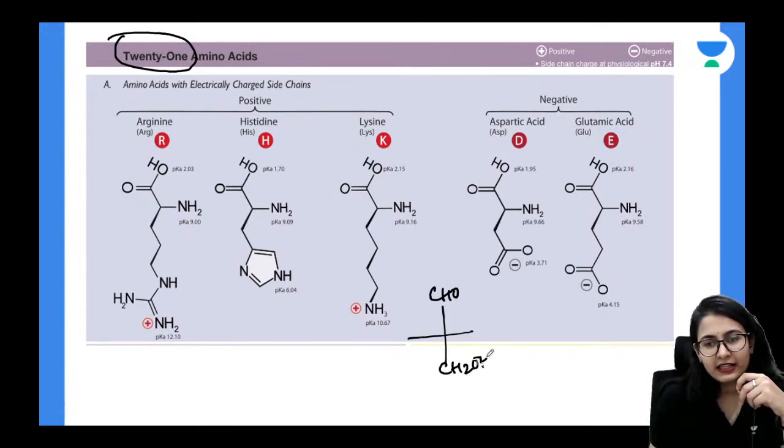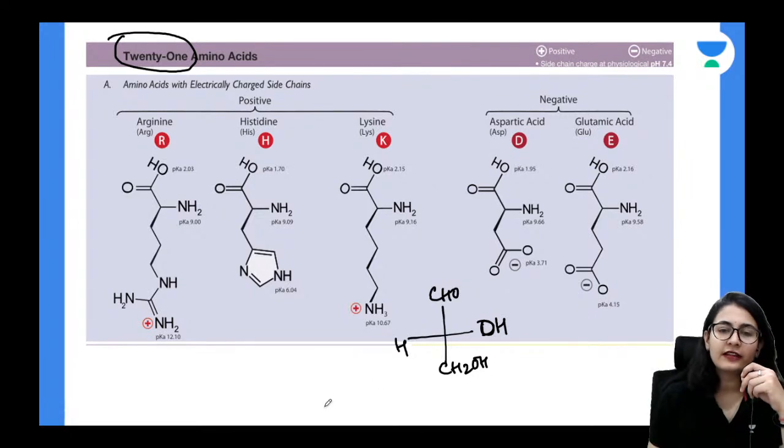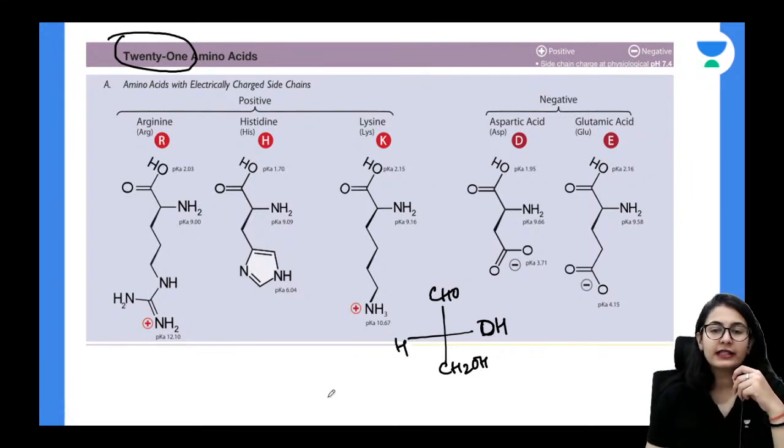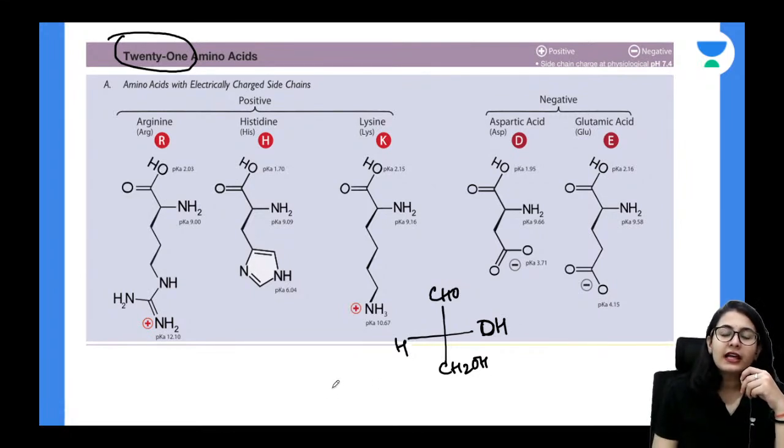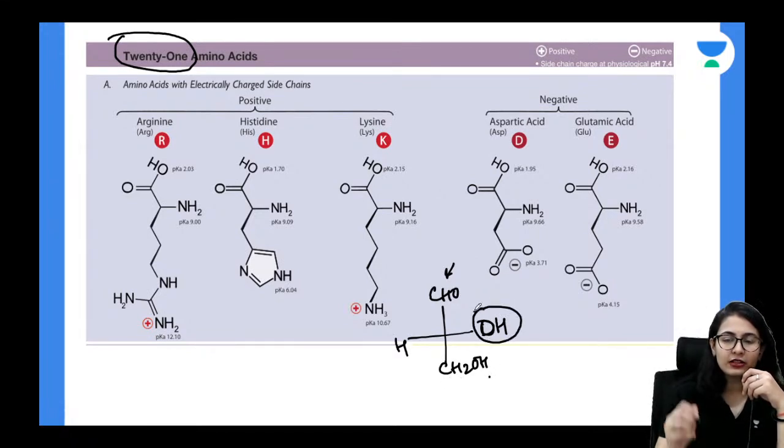Also, before moving onwards, let me confirm one thing. When we had studied carbohydrates, we were following the D and L nomenclature, yes or no? That is, keeping the most oxidized group on the top, CHO on the top, CH2OH on the bottom, if the OH was present on the right hand side of the chiral carbon, it was D sugar.